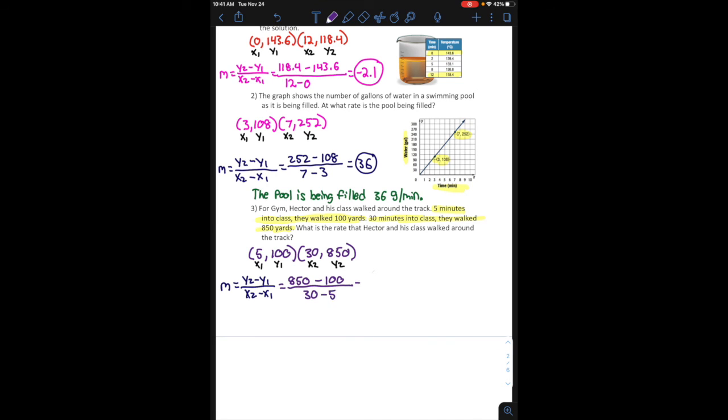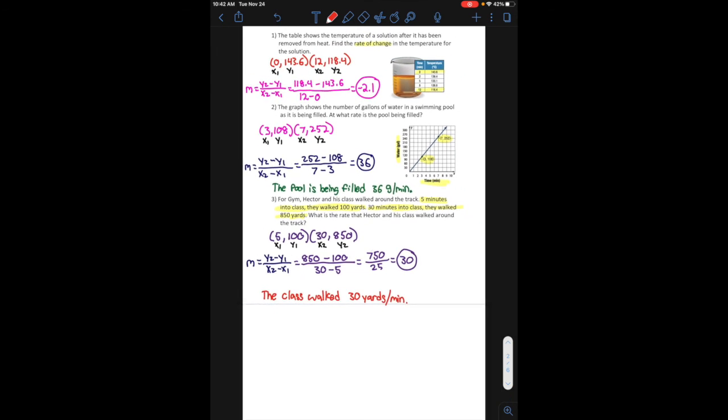That's going to give us 750 divided by 25. And when we divide that, we're going to get the answer of 30. What does this represent about Hector and his gym class? We could say the class walked 30 yards per minute.